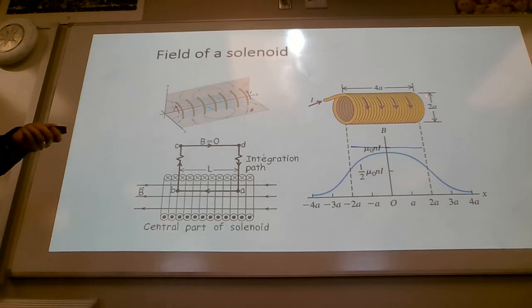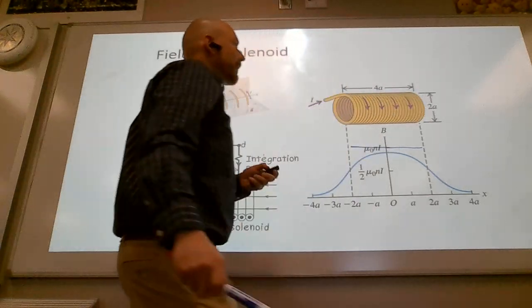Here we can see that the diameter is significant compared to the radius, so it's not a great solenoid, but ideally it would just be really long compared to that.